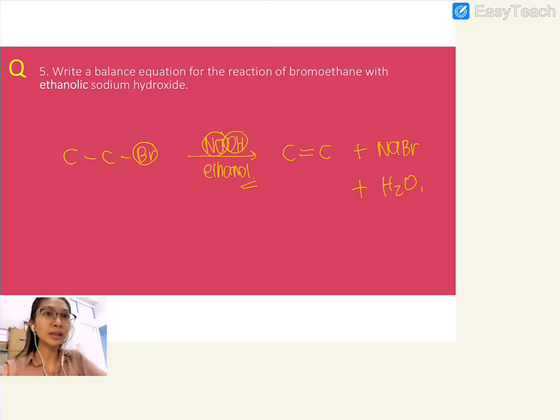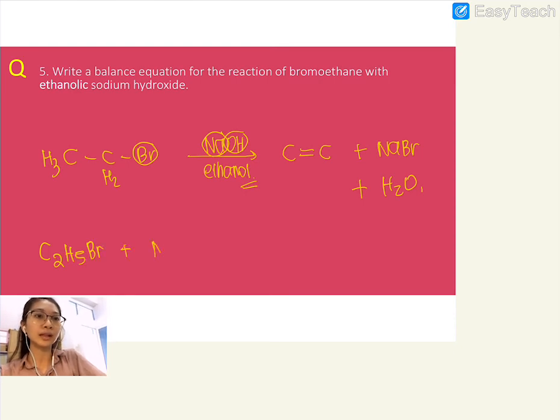Okay, since the question is asking you to write the balanced equation, I will rewrite it again. We have CH3 and then CH2, so C2H5Br reacts with NaOH in ethanol, becoming C2H4 plus NaBr plus H2O.